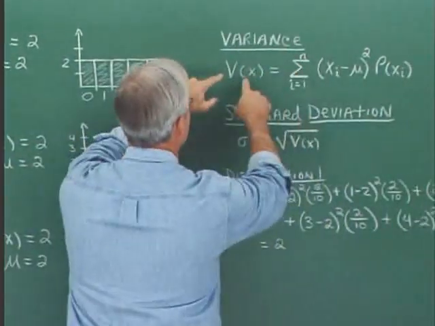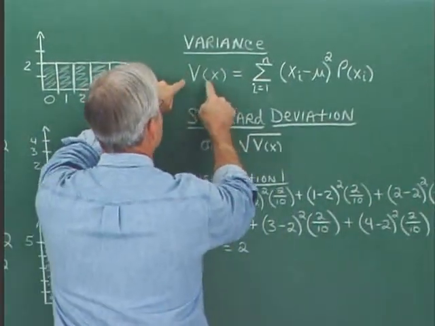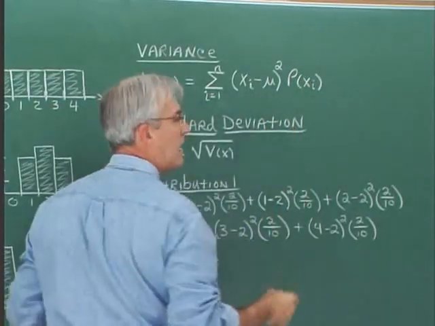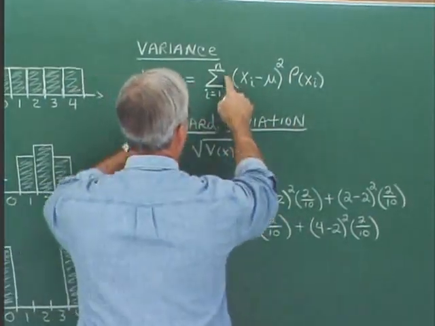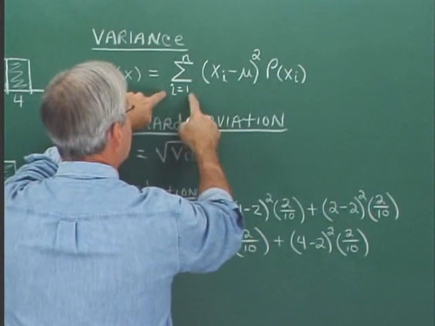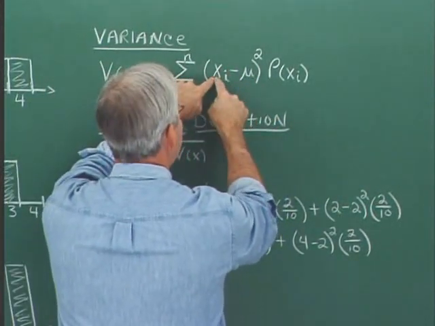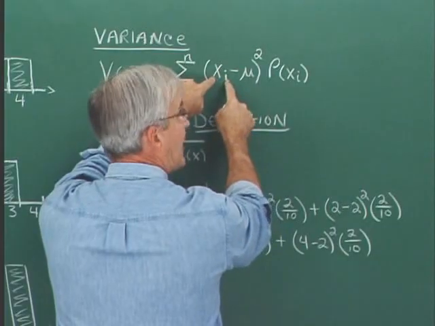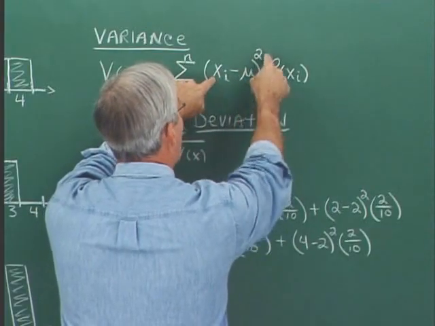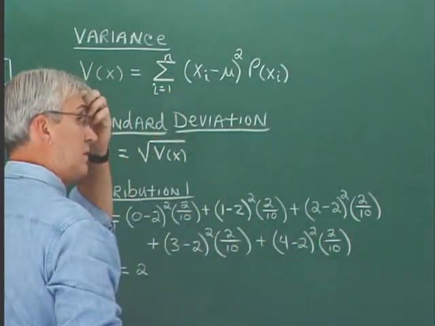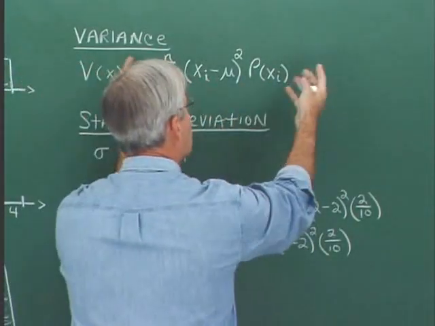The variance is designated as V of x. It's the sum of items as i runs from 1 to n. And notice that it's x minus mu, so it's an x value, like the first x, minus mu, squared, and then times the probability associated with that x, and we add up all those products.